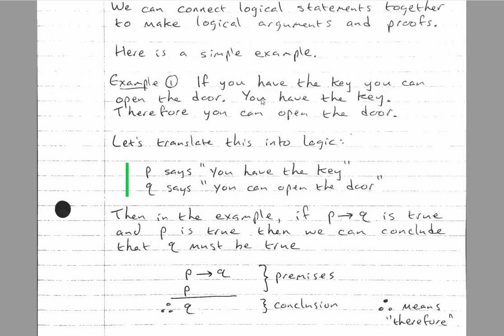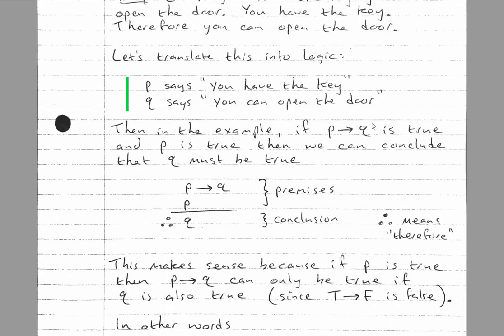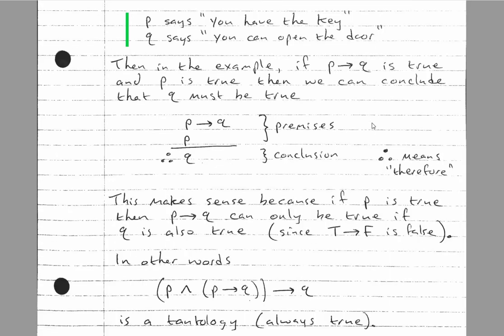These two apply our logic, therefore you can open the door. You need the key to open the door, you have the key, great, you can open the door. And we're using this symbol, these three dots, that means therefore.